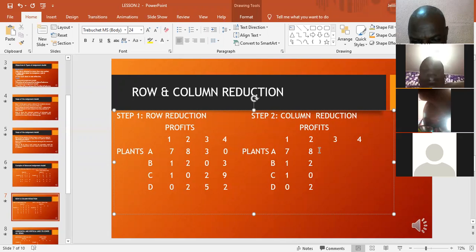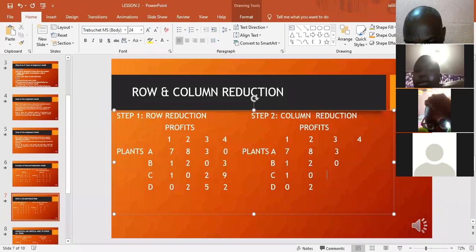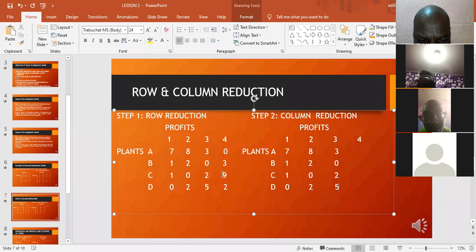What is the smallest? 0. 3 minus 0 is 3. 0 minus 0, 0. Then 2 minus 0 is 2. 5 minus 0 is 5.